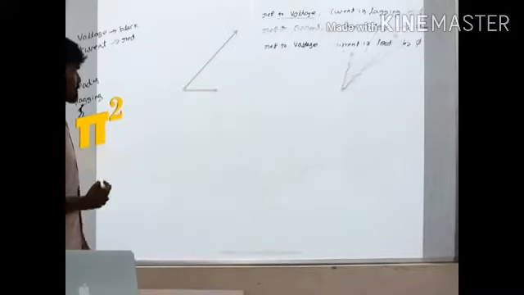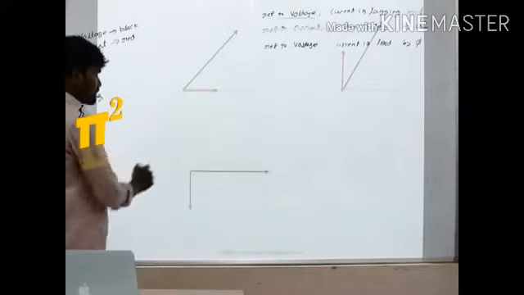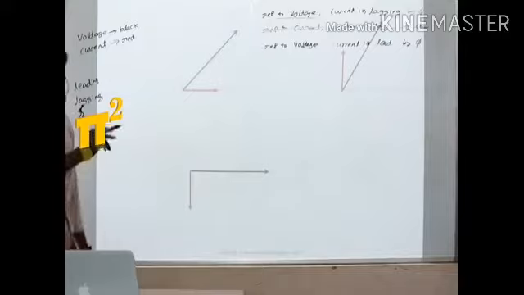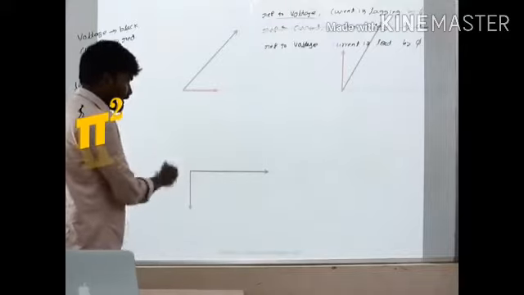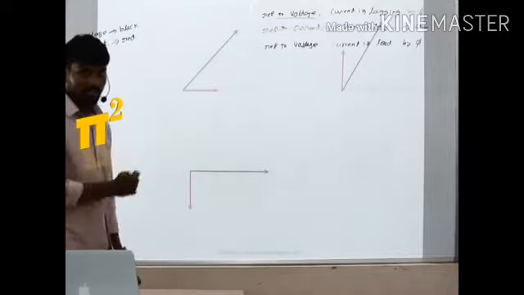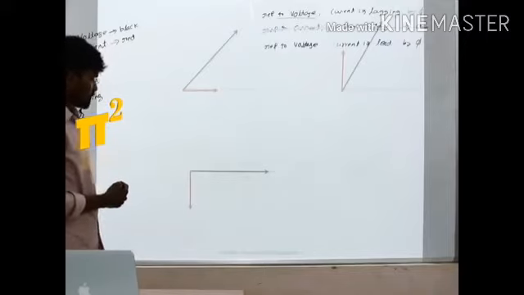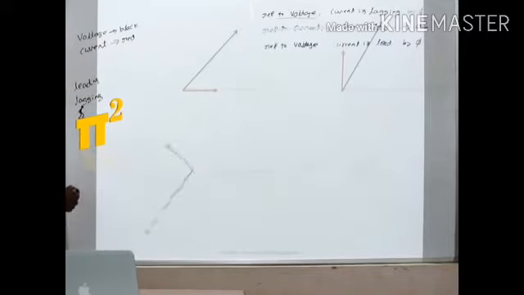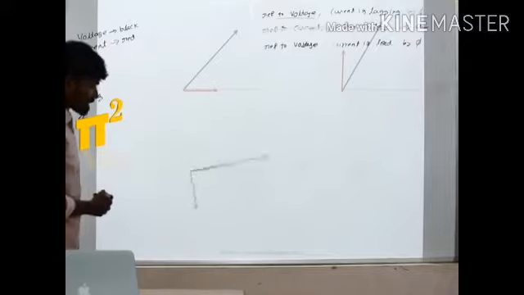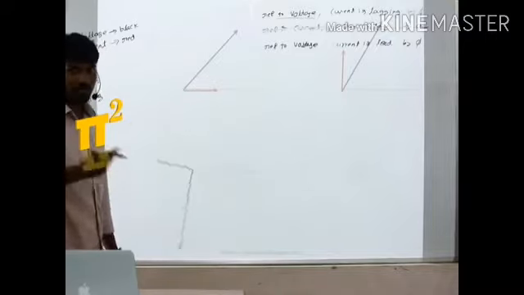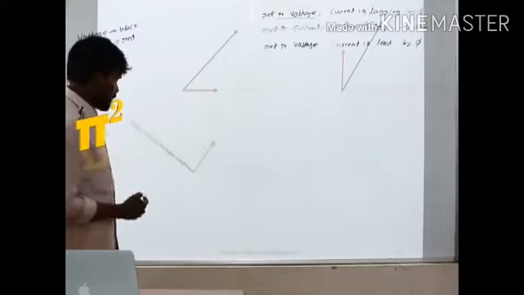Let's take another case. Now you just imagine these two are rotating and tell me who is lagging and who is leading. Yes, now first voltage, then current. First voltage, then current. So current is behind. Current is lagging. By how much angle?